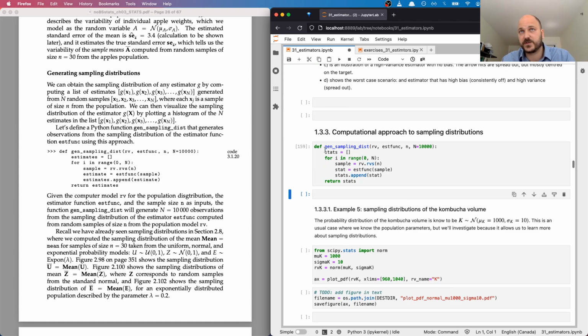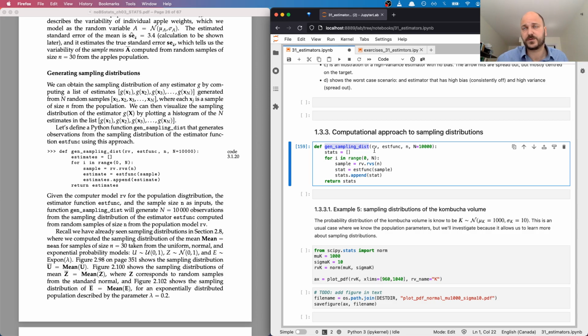Let me run it so it's defined. This function we'll use at least 10 times in the remainder of this notebook, so it's important to read it. Given the population random variable, which describes the population, the estimator, and the sample size, so you need to tell me how big the samples are, this function will generate 10,000 samples. This is the for loop that generates 10,000.